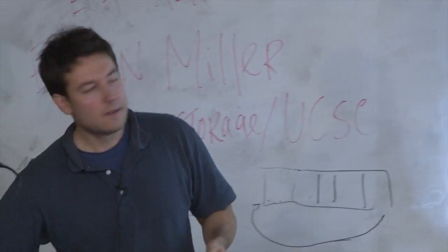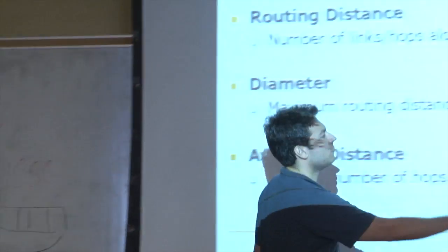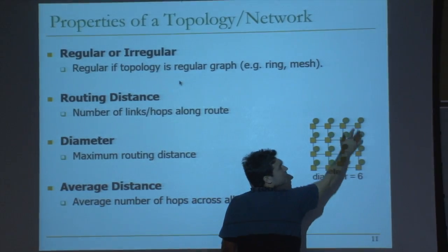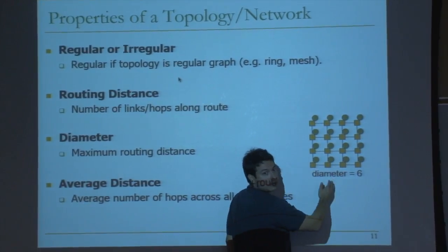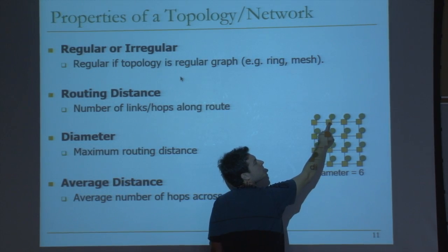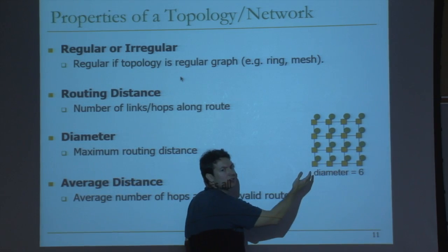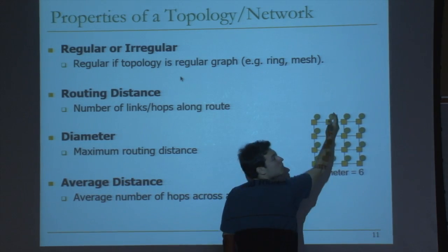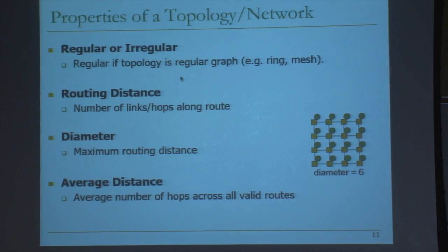For instance, in the case of a mesh, if I have this half of the endpoints talking to this half of the endpoints, then yes, this will become the bottleneck. If I have just neighbor traffic, so every endpoint just talks with its neighbor, then this won't be the bottleneck. This topology is fine. You don't need something that offers you more bisection bandwidth, like a crossbar. So keep that in mind.